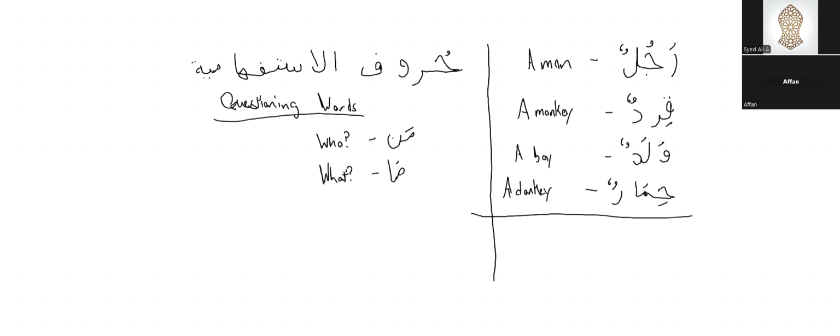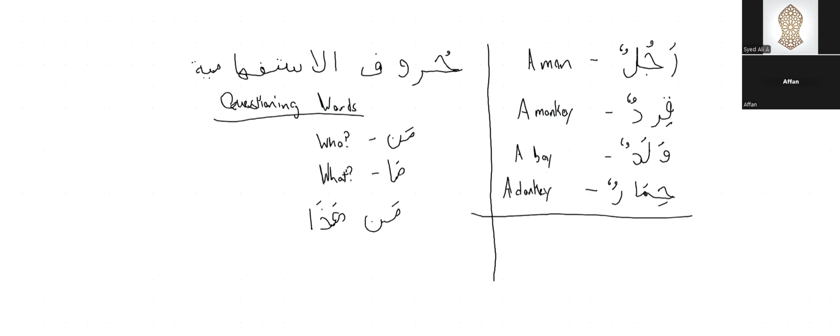So, for example, if we ask the question, who is this? It would look something like this. Meem, noon, fatha, man, ha, dal, alif, hadha, man hadha, right?